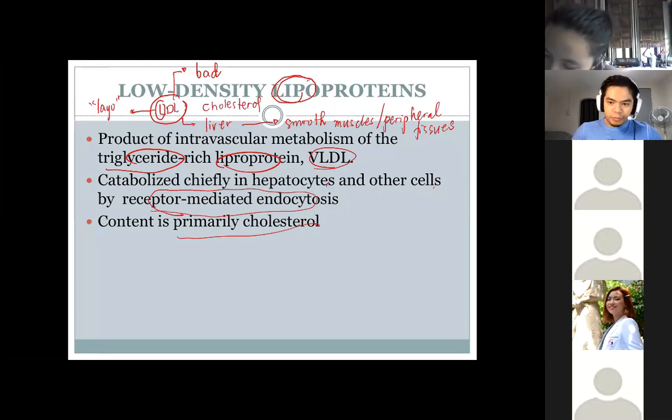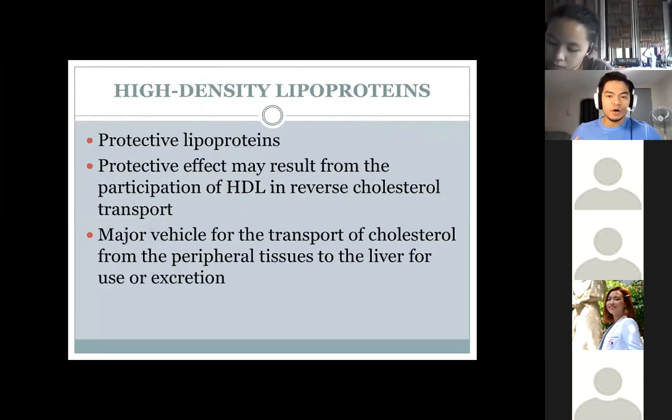And to conclude the groups of lipoproteins, we have high-density lipoproteins. Take note, ang complete opposite ng HDL ay ang LDL. Unahin natin ang similarity nila. Ang similarity ng LDL at HDL, parehas sila nagdadala ng cholesterol.